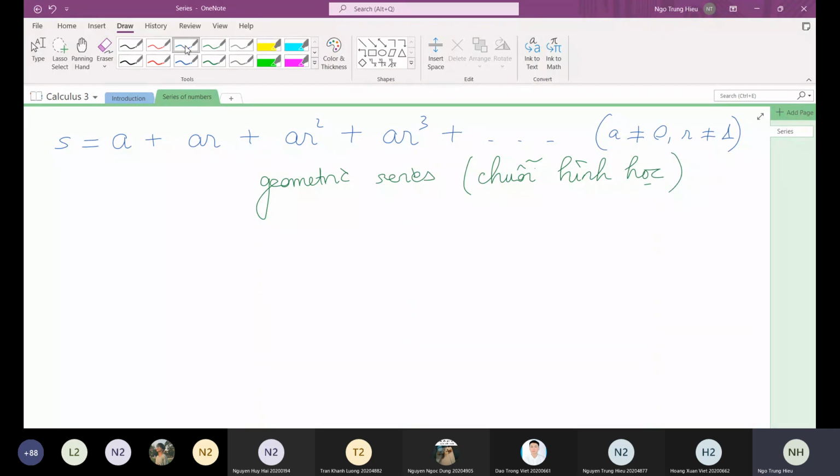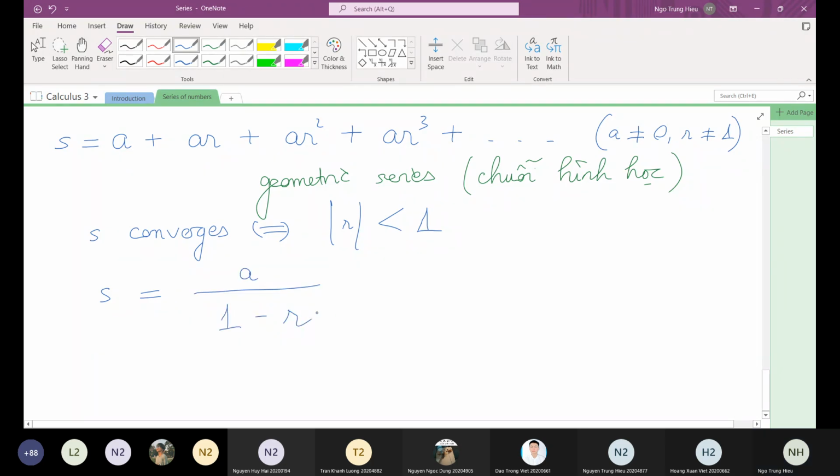So this series converges if and only if the absolute value of r is less than 1, and the series is equal to a over 1 minus r, right? So this is our very first example of a series which we use a lot.